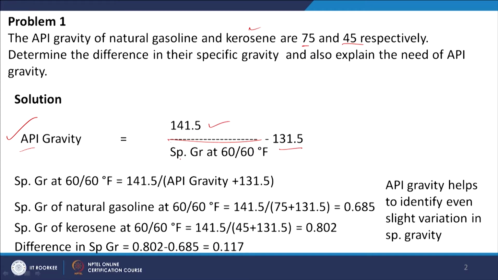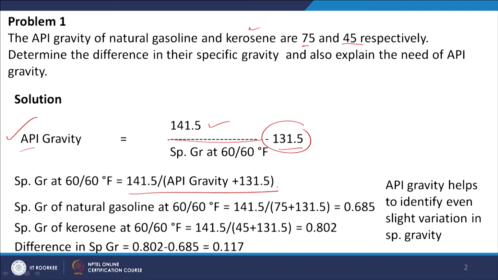So, from this relationship we can get specific gravity equal to 141.5 divided by (API gravity plus 131.5). Why? If we take the left side, degree API plus 131.5, it comes here.